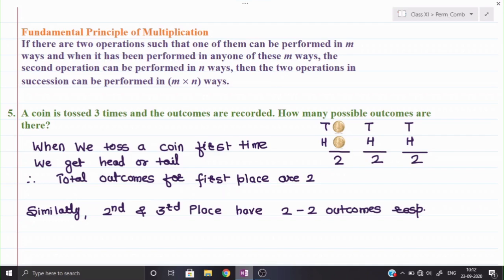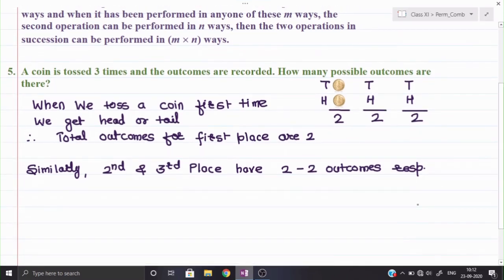in 2 ways. Now apply the fundamental principle of counting, because you see, the first place we are arranging in 2 ways, the second place also in 2 ways, and the third place also in 2 ways. So now we got the arrangement separately. We'll multiply all of them to get the total number.